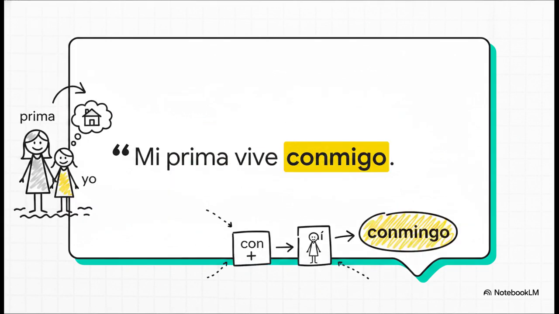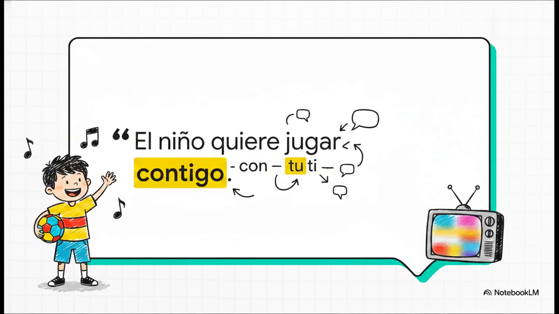Now, let's look at a rebel in the wild with our second sentence. Mi prima vive conmigo. My cousin lives with me. The speaker wants to say with me, right? So the preposition is con, and the pronoun for me is mí. But because of our special rule, con plus mí seamlessly becomes the single word conmigo. Mi prima vive conmigo. Let's just reinforce this exception concept one more time with a third example.